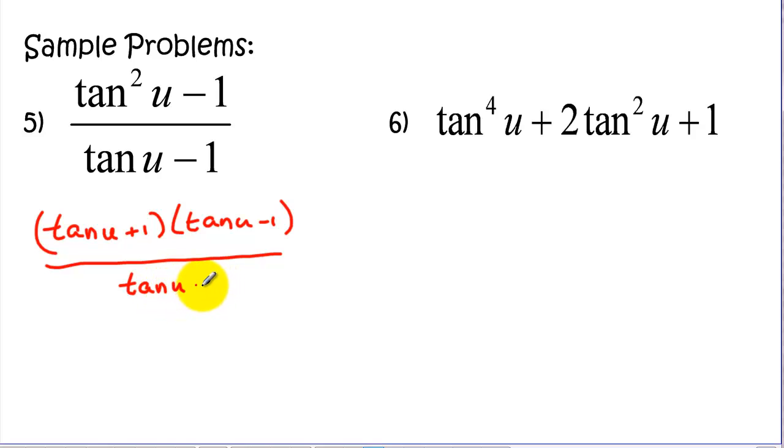It's a difference of two squares. And we have a fraction that we would like to try to simplify. So now we can cancel factors. Now remember, we can't cancel this tan with this tan or that one with that one, because you can't cancel when you've got things that are added or subtracted. So here I've got two things multiplied on the top in a division. Then we can cancel. So now we end up with tan of u plus 1.